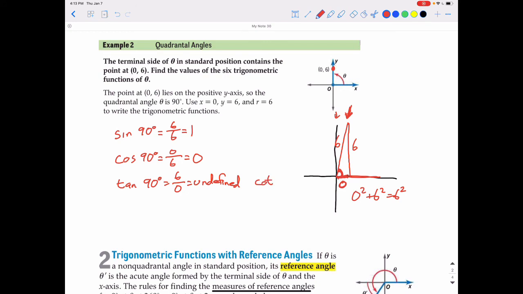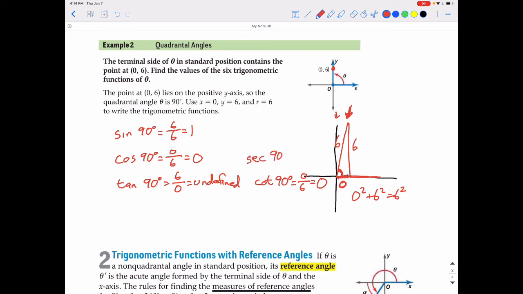Then we can do the cotangent of 90. Remember, the cotangent is the reciprocal function of tangent. So instead of 6 over 0, we could say the cotangent is 0 over 6, which can be done. That's exactly 0. The secant is the reciprocal function of cosine.